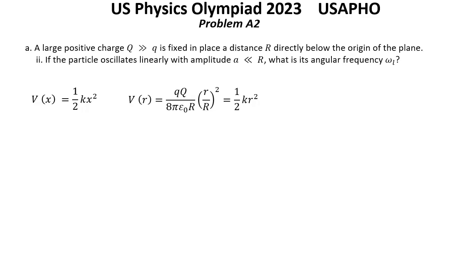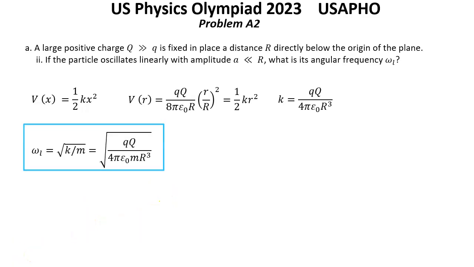It means that if we assume that constant k equals this expression, we have the same problem as a spring with the constant k and mass m. So omega L equals square root of k over m, which is this square root. As usual, for simple harmonic motion, the amplitude does not alter the frequency. That was the solution for the second question from part A.